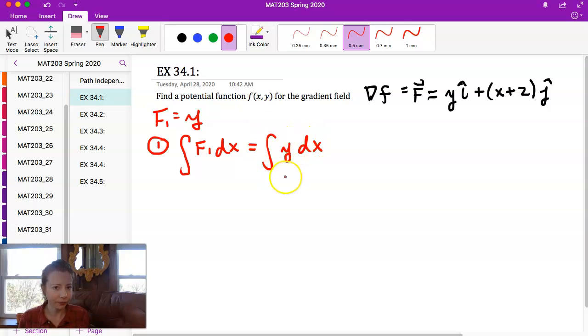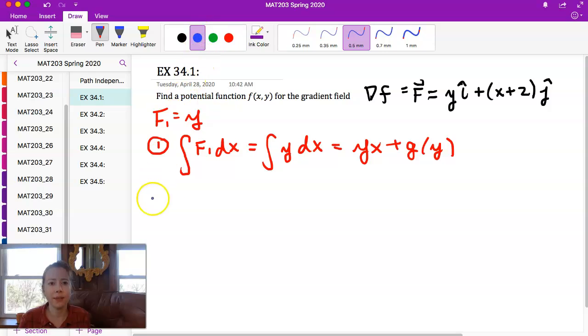And since we don't have limits here, to truly evaluate this, there will have to be some constant, right? So remember, we're going to include g of y for that. And with respect to x, the integral of dx is x. So we're going to have yx, and our constant is g of y.